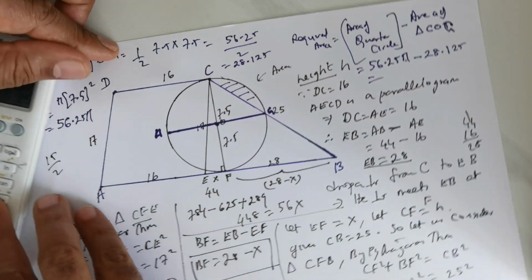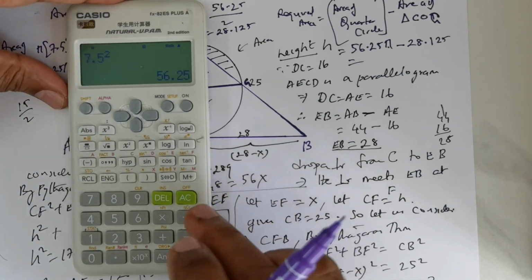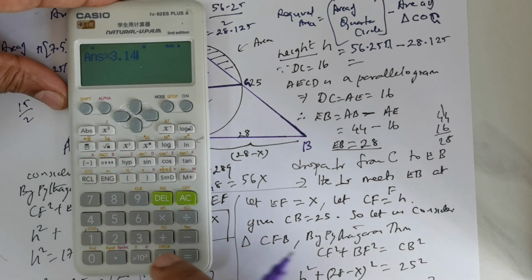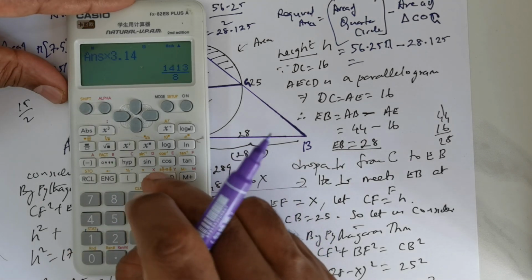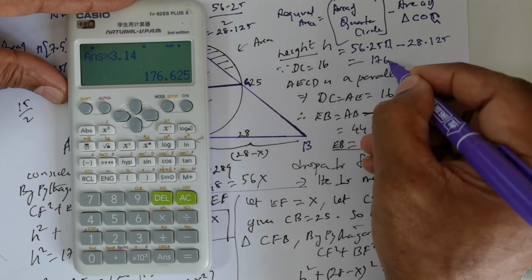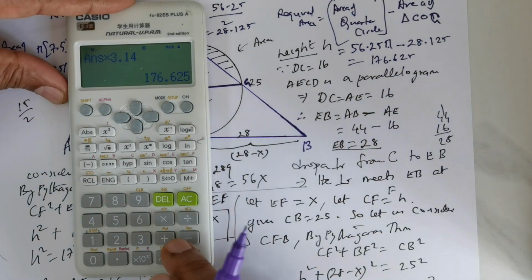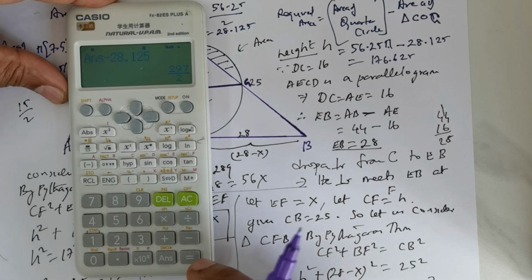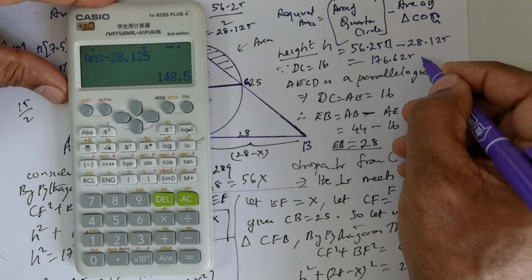Now there is a pi there. I'm going to take the value of pi as 3.14. So this multiplied with 3.14, that's going to give me 176.625. I take away 28.125. So what do I get?